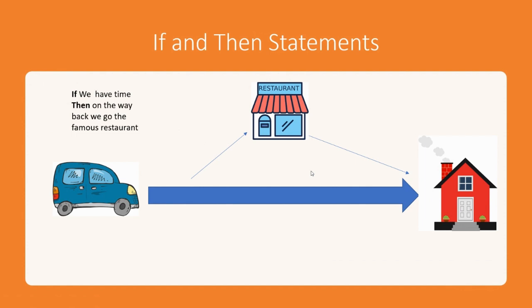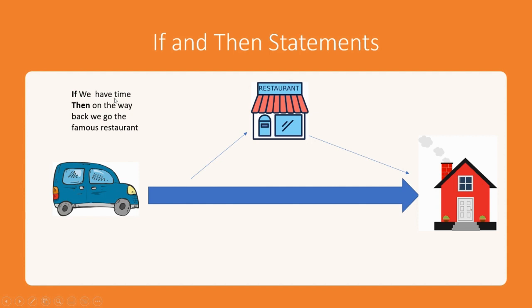Here's an example. Picture this: you're on a road trip, maybe coming back from New York, or maybe you've just gone a few hours away, and you're coming home, and one of your friends or family members says, hey, if you have time, we can check out this restaurant that's on the way back in between where we are and our house. This is an example of an if and then statement. The criteria is we have time.